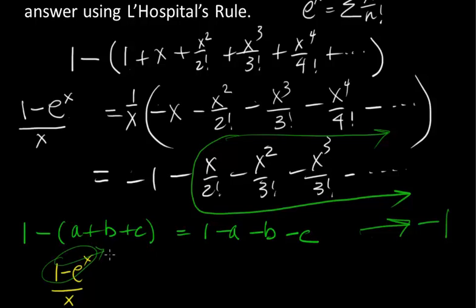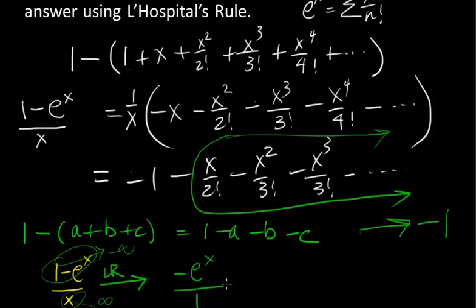And we see that the numerator is going to minus infinity and the denominator is going to infinity, so we may use L'Hopital's rule. And the derivative of the top would be minus e to the x. The derivative of the bottom is 1.